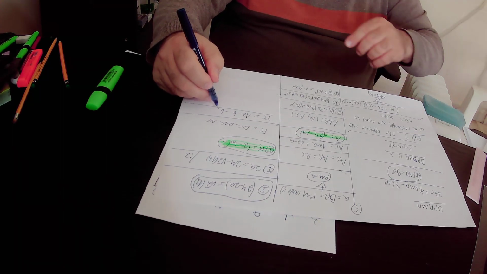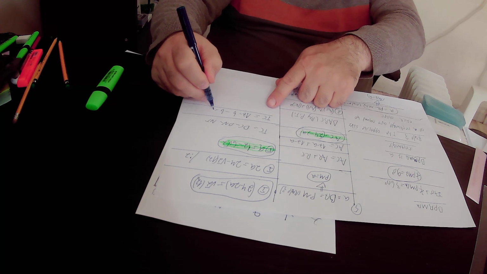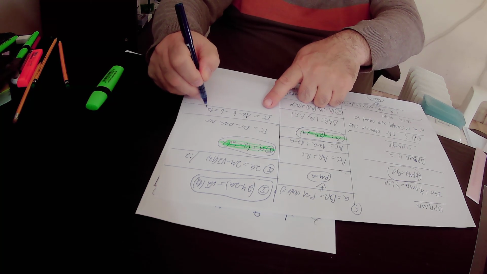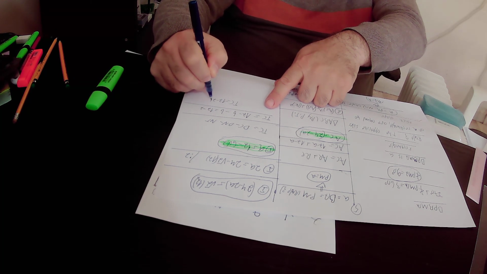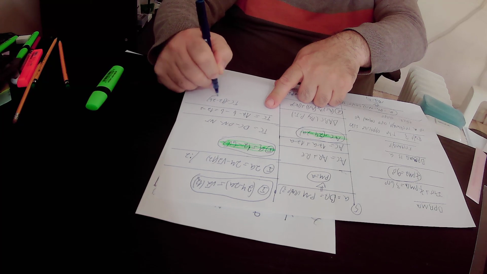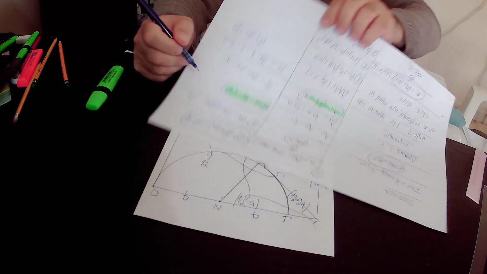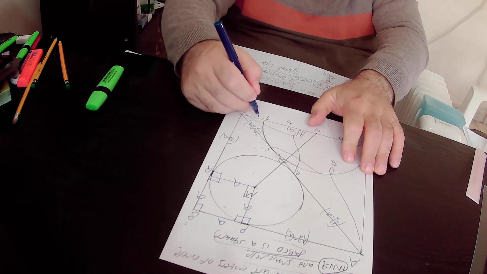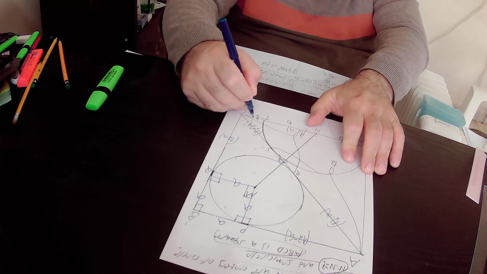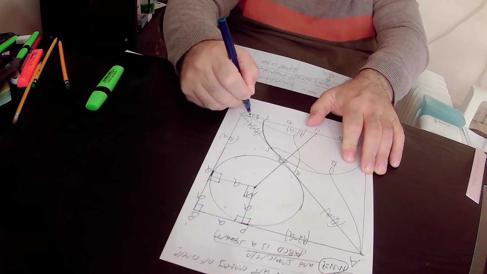So in conclusion, we found out that TC equals 12 minus B minus B, so TC equals 12 minus 2B. So we can write here that TC equals 12 minus 2B.